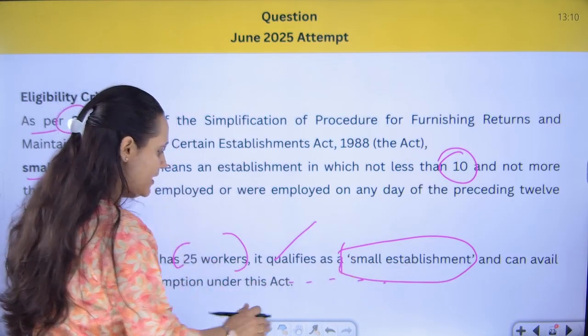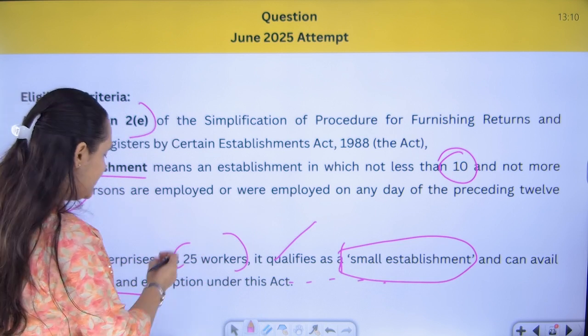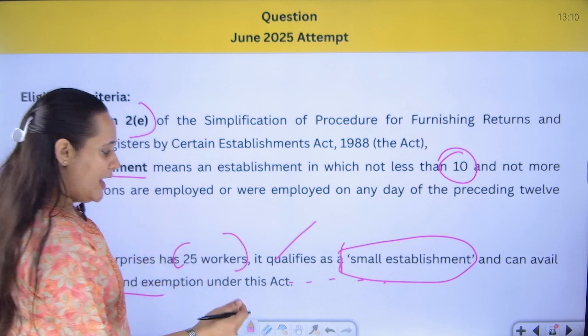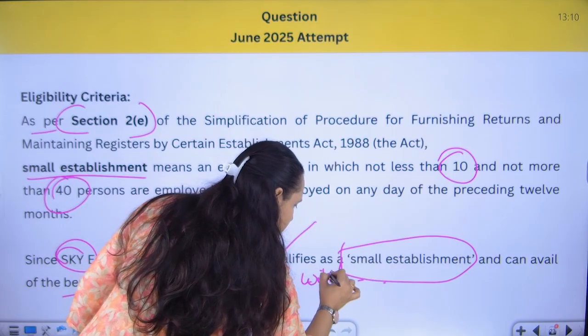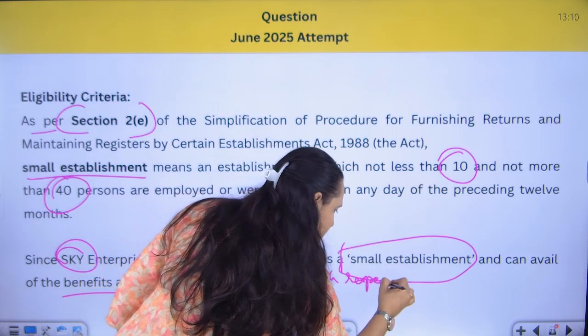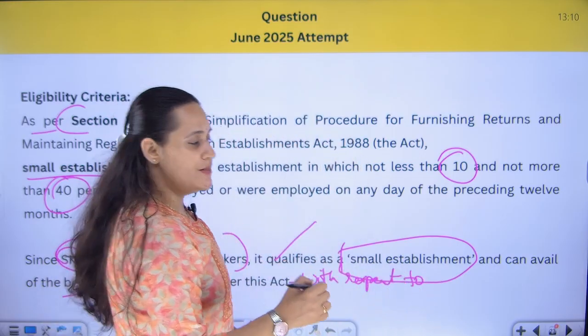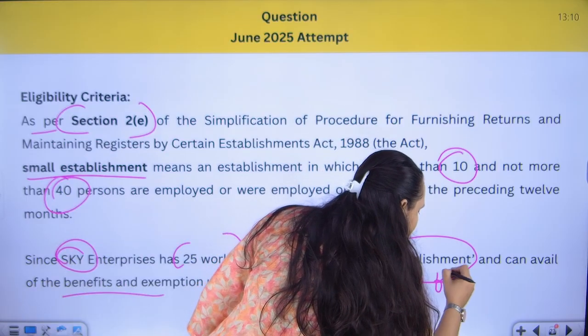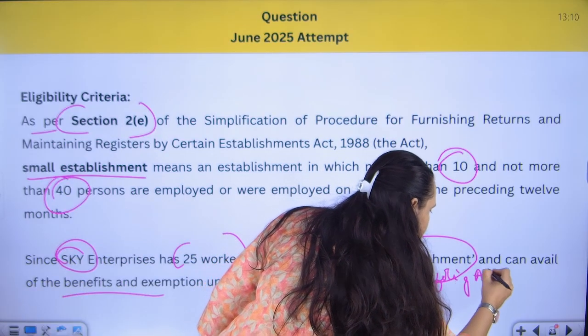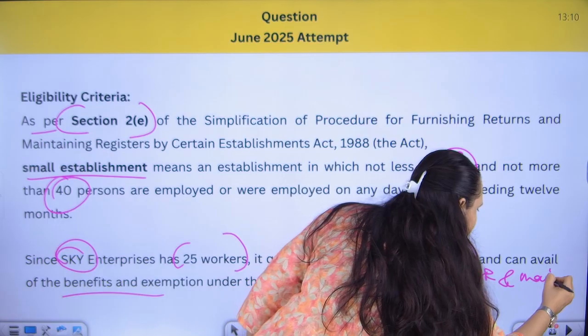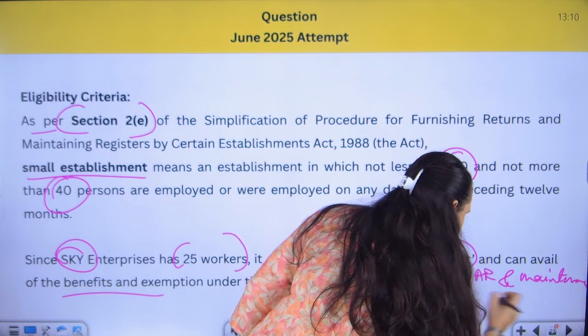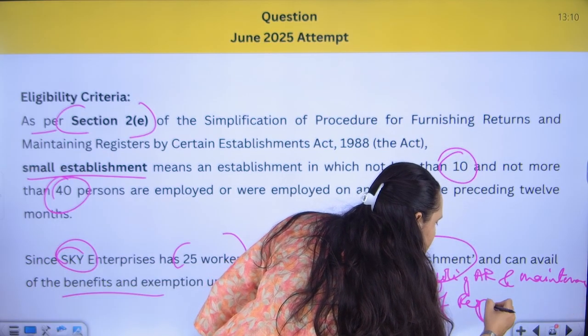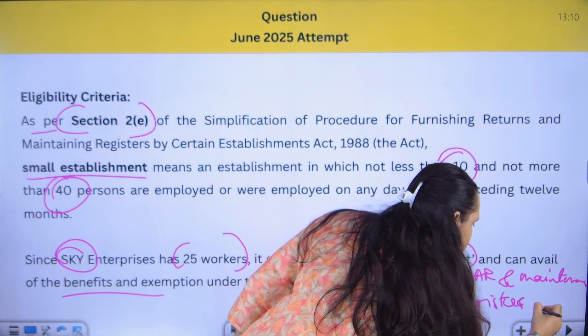So you complete that. Exemption with respect to what? They can claim exemption under this act with respect to filing annual returns and maintenance of registers and records.